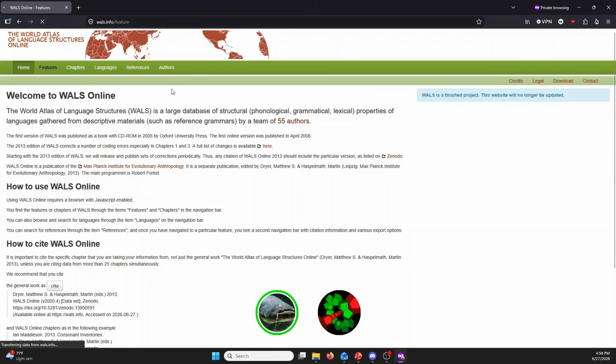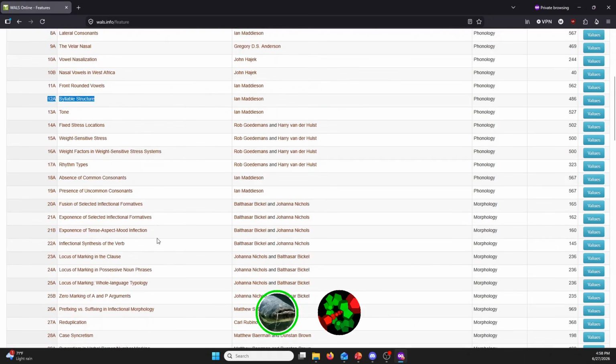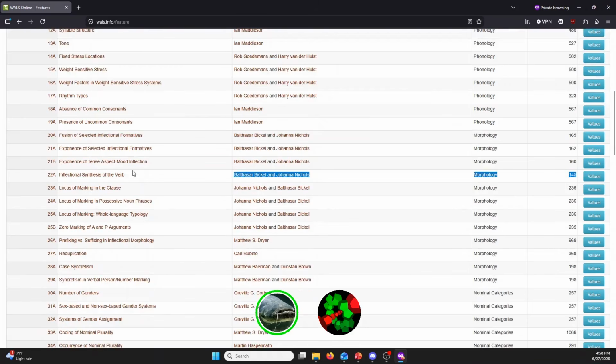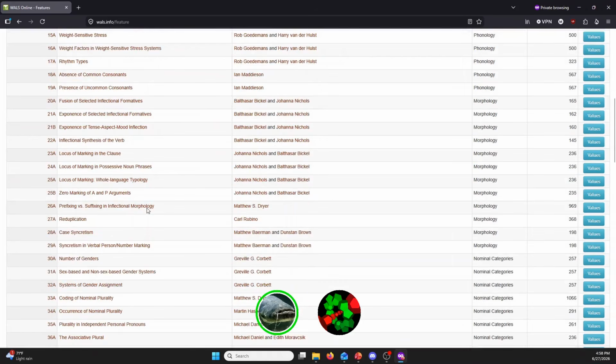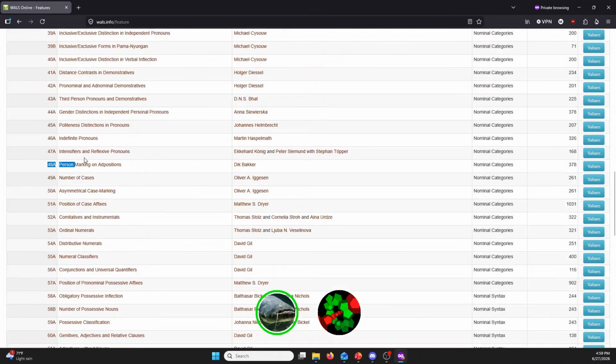It spans phonology, so consonant inventories, do you have nasal vowels, do you have tone, but then it's also morphology, like how much stuff do you put on your verb, do you have prefixes or suffixes, and then reduplication. Basically all these different categories, and they map them out for languages across the world.